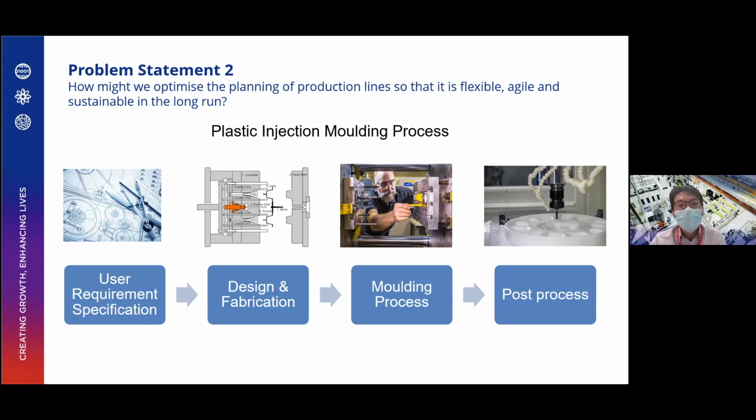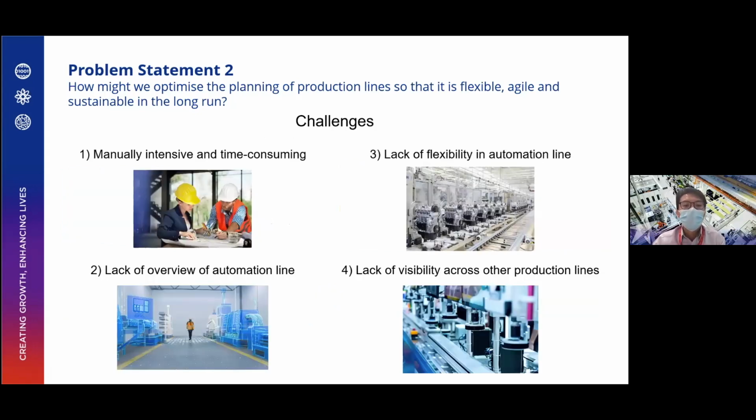So finally, once the parts are produced, they are being post-processed. Various techniques, including ID marking, visual inspection, machining, deburring, etc., may be required on the parts that are being produced. After they are completed, the parts are packed and sealed in boxes before shipping. So this is the overall process of how a plastic part is being produced via the plastic injection molding process.